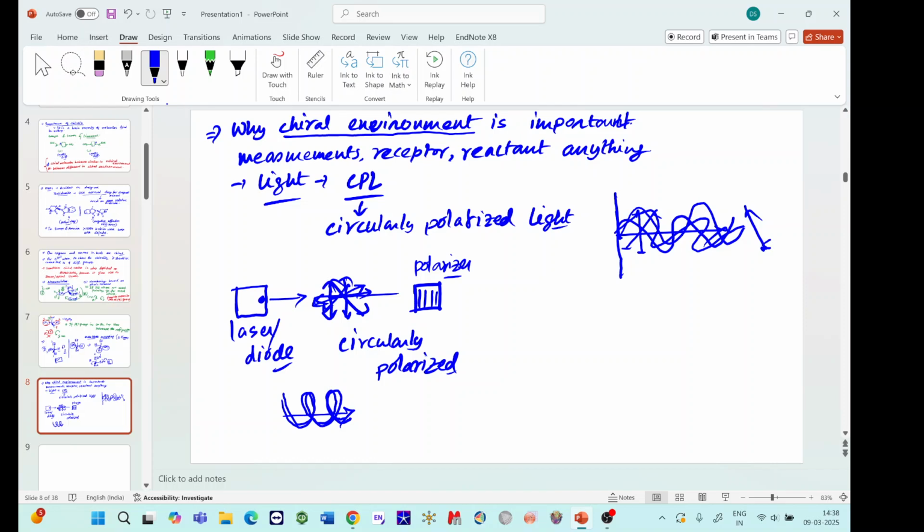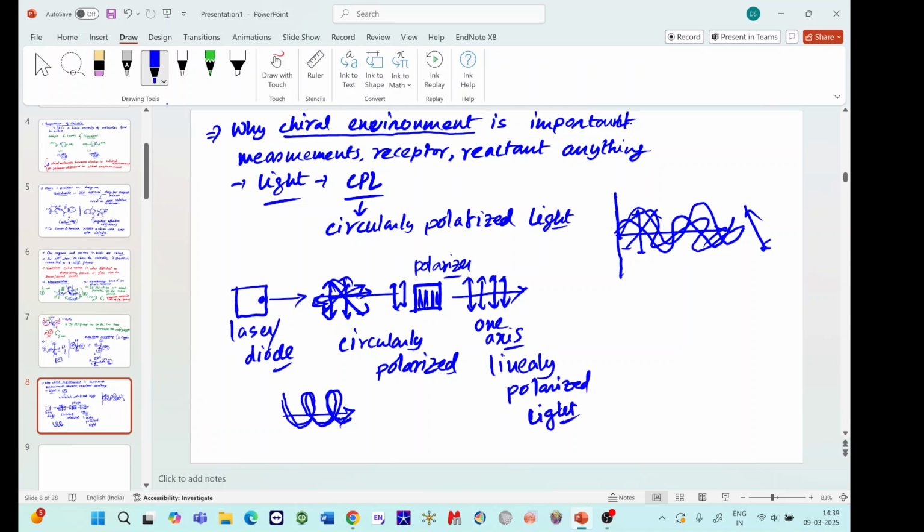What does a polarizer do? Only a certain wave, whose wave vector is along a certain direction, it will allow to pass, otherwise it will block. So if you have only this kind of wave that has a certain direction, that will be passed, so after it passes you will only get this kind of polarization in one axis, and this is called linearly polarized light.